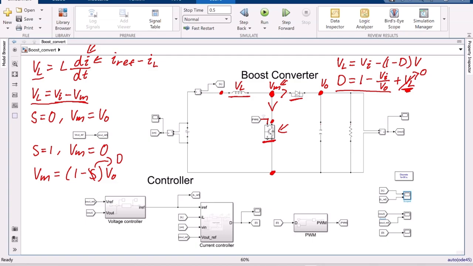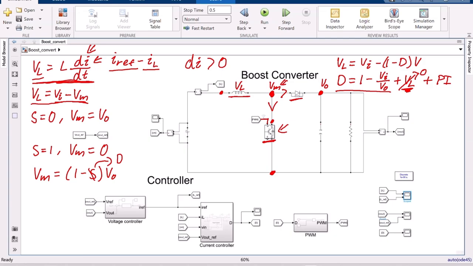This is an average model, but instead we add a PI controller in order to correct for the errors in the model. And the PI controller is actually based on this equation here, because if you look at that equation, you can see that if the current is too low, which means that IL is lower than IREF, then the change of current must be larger than 0 to correct for this error, right?